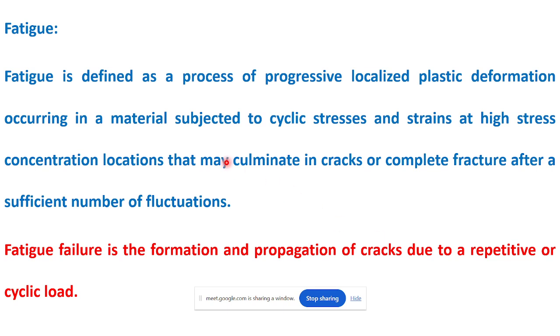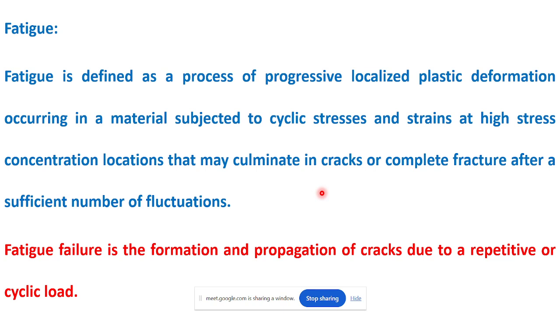Now what is fatigue? Fatigue is a process of progressive localized plastic deformation occurring in a material subjected to cyclic stress and strain at a high stress concentration location, that may culminate in cracks or complete fracture after a sufficient number of fluctuations. For example, a tire is going through localized plastic deformation, going through a cyclic stress, and then again releasing stress.